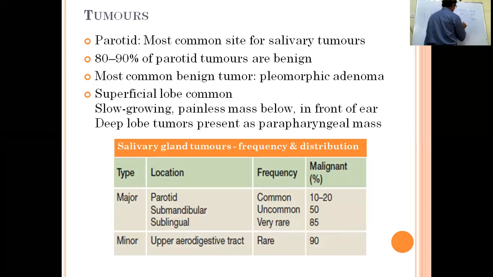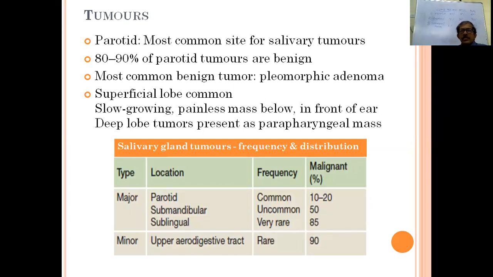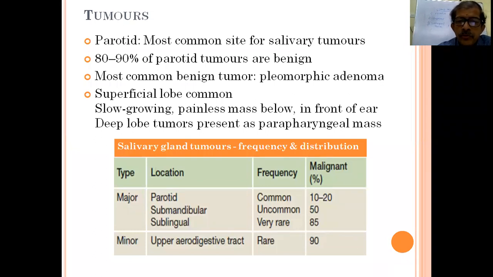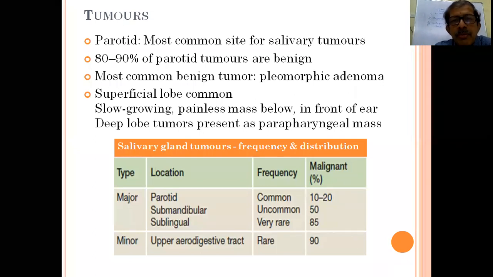Here benign tumors are very few, only 10%, and all the benign tumors are pleomorphic adenoma. So that means pleomorphic adenoma is the commonest tumor of all salivary glands. That frequency you have to remember.